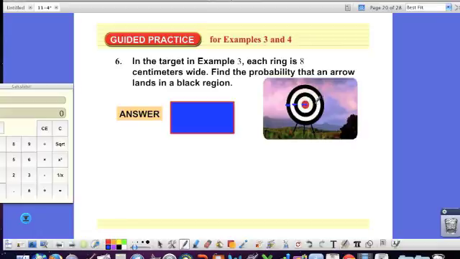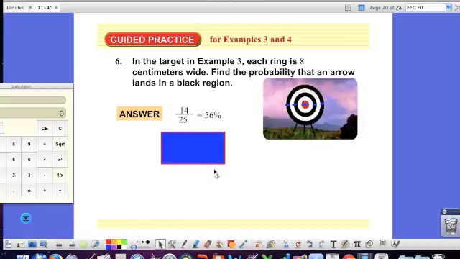I'm assuming that's 8 is what they mean here. 8 and 8. So you actually now in this one have to find the area of the red circle. I'll actually do red and white, and this white circle, and subtract them from the total. And you would get 14/25 or 56%.